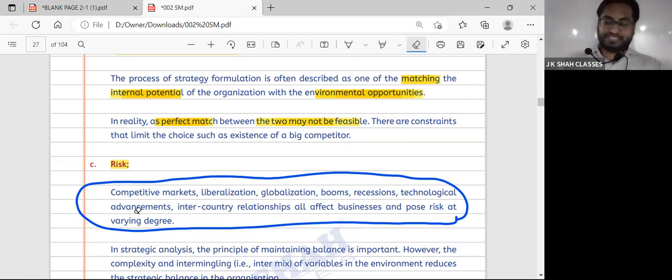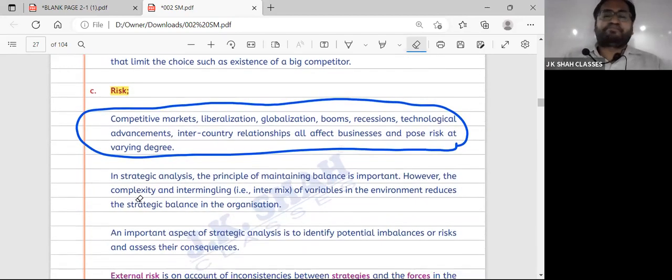Apart from this, I guess I have covered everything. Yes. Read this. In strategic analysis, the principle of maintaining the balance is important. However, the complexities and intermingling, meaning intermixing, of variables in the environment reduces the balance, means increases the uncertainty.